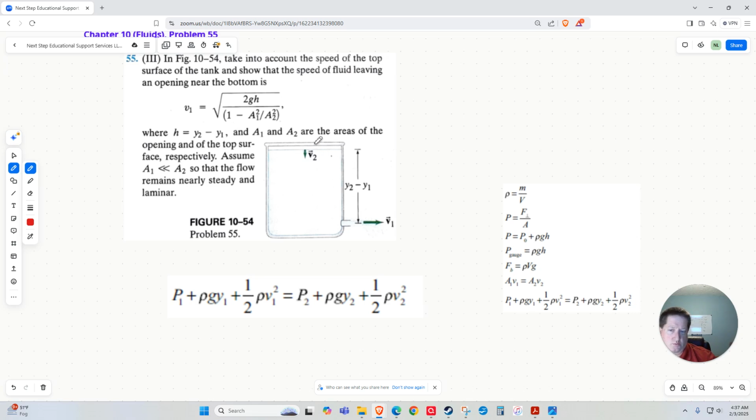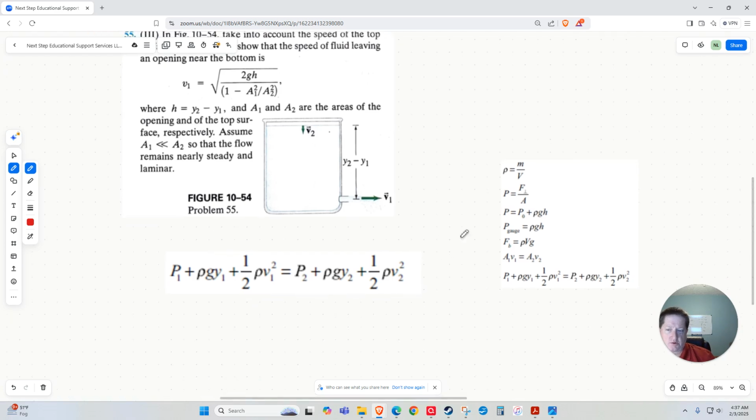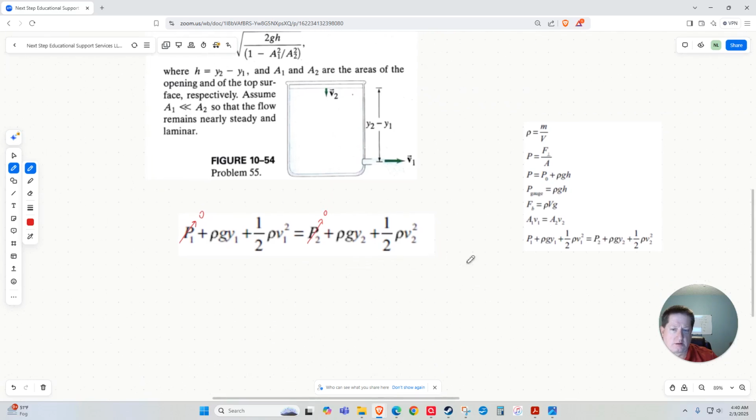But as per usual, with this being water that's 800 times denser than air, the difference in that pressure is going to be very minimal relative to the water pressure. So to simplify our problem, we're going to go ahead and ignore the pressure difference there because it will be very small relative to the rest of our values. And notice once the pressures are gone, every remaining term has the density. We can divide the density out, and those go to 0.